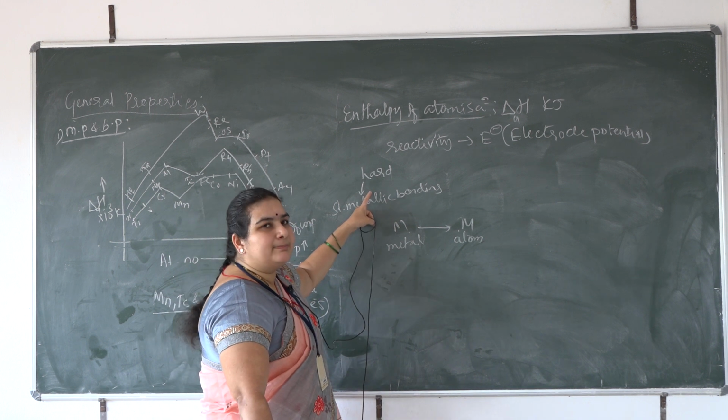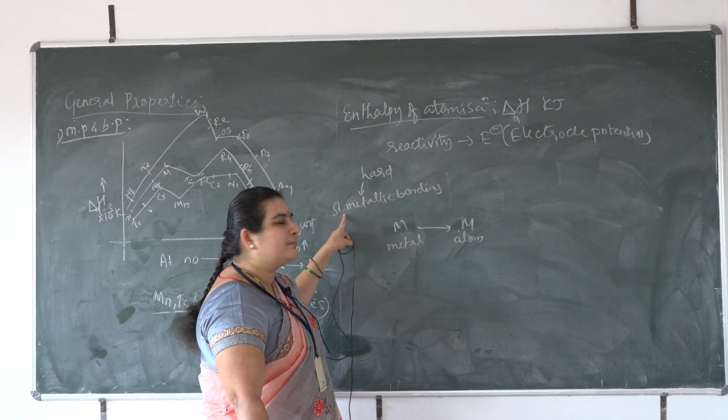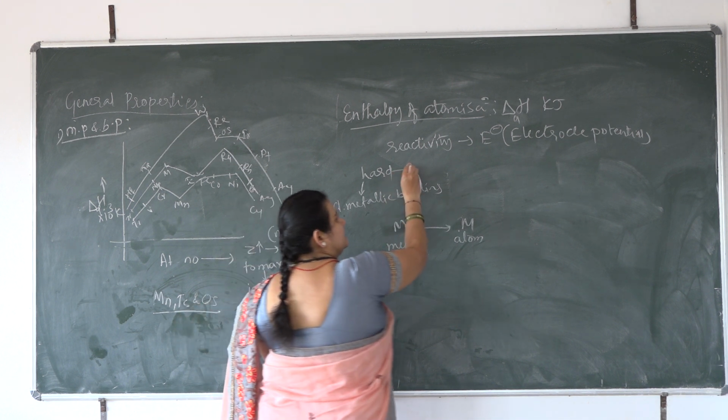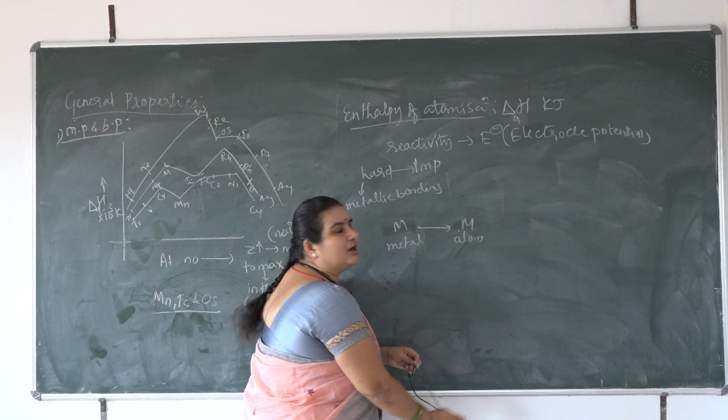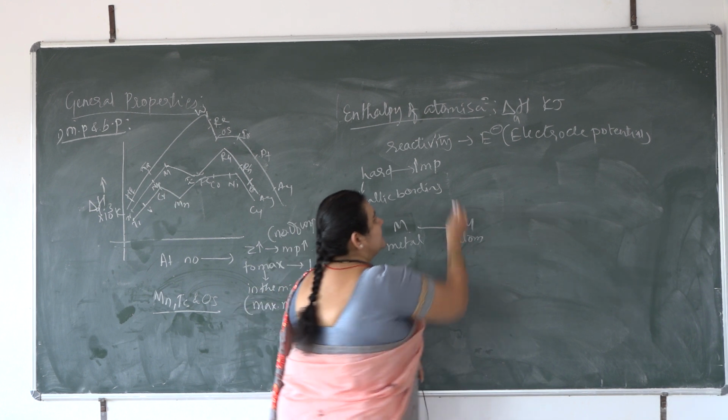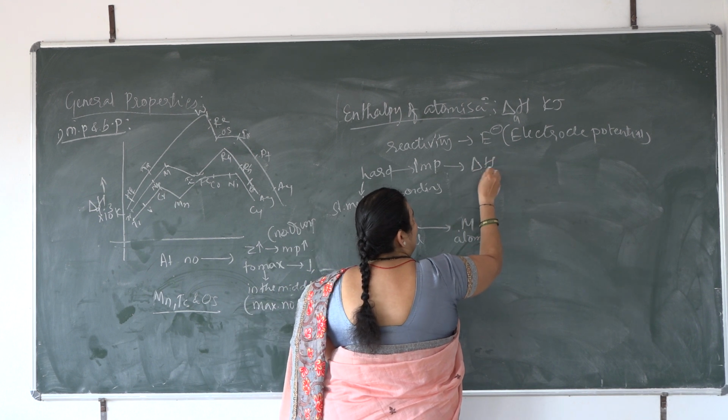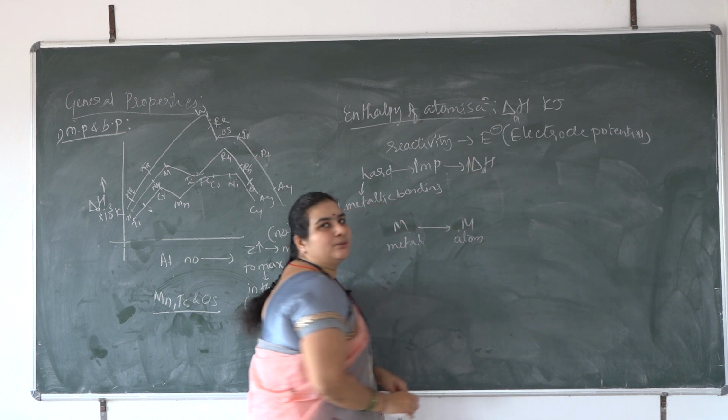So hard metals will have strong metallic bonding, so what is the result? They will have higher melting point or boiling point. Correspondingly, they will have higher enthalpy of atomization.